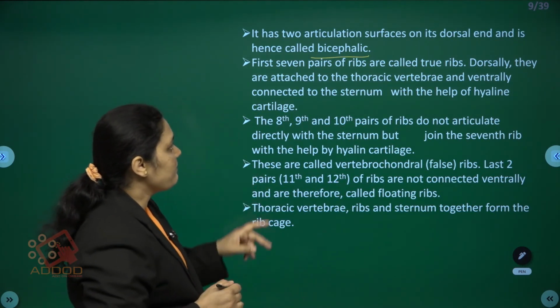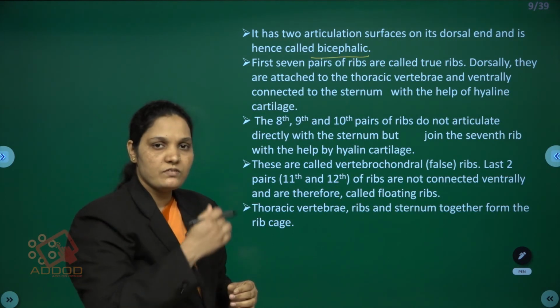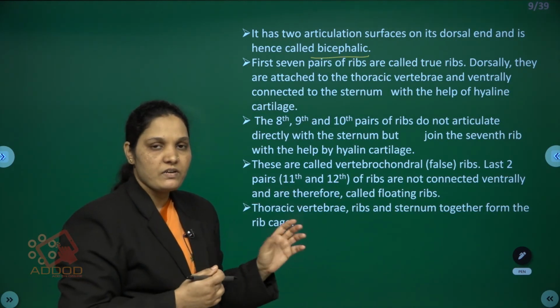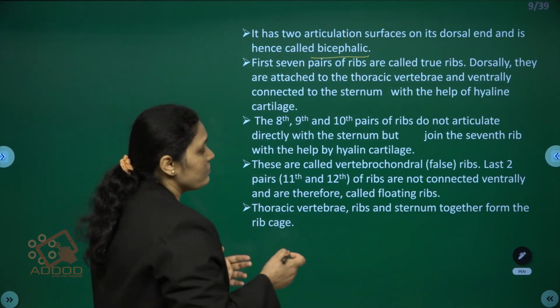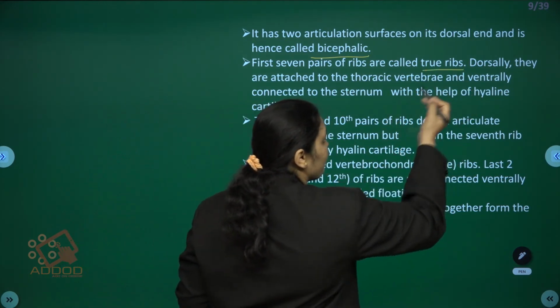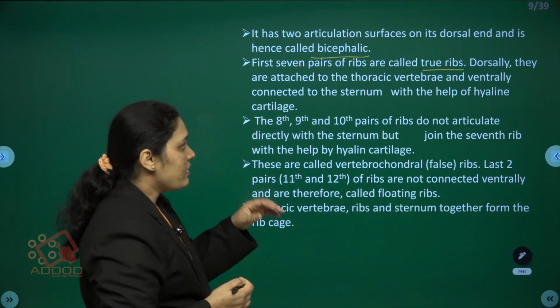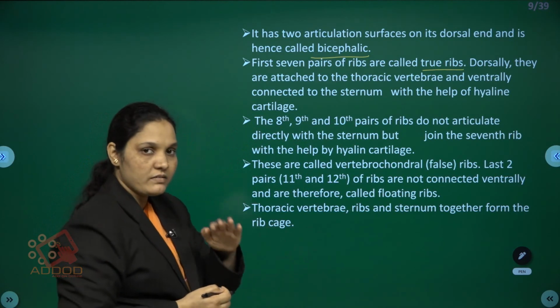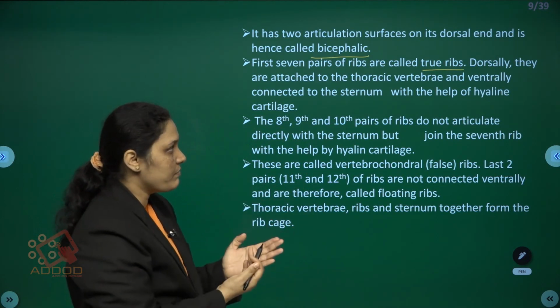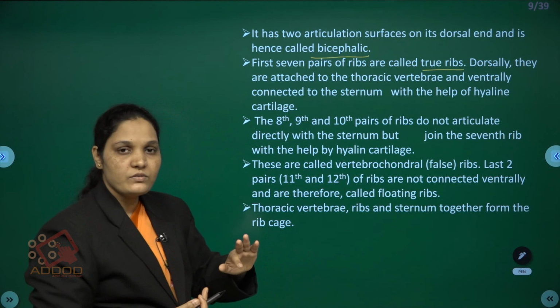The first 7 pairs of ribs, as you have seen in the previous slide, are called true ribs. Dorsally they are attached to the thoracic vertebrae at the back side, and ventrally they are connected to the sternum.